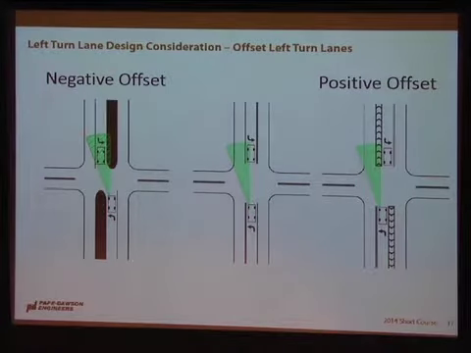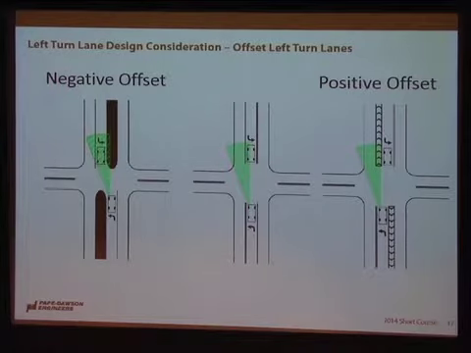And one other thing I wanted to mention involves left turn lanes and the use of offset lefts. It's an alignment issue. What's called a negative offset. If you have a typical raised median situation, the left turn driver's view of approaching traffic can be obstructed by a left turn driver sitting in the opposite left turn lane.